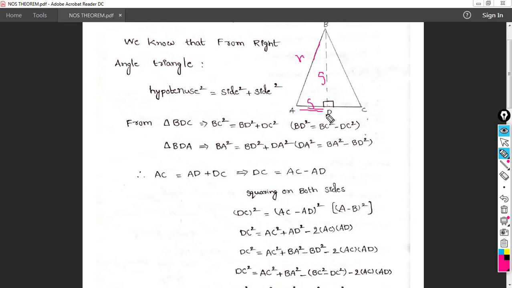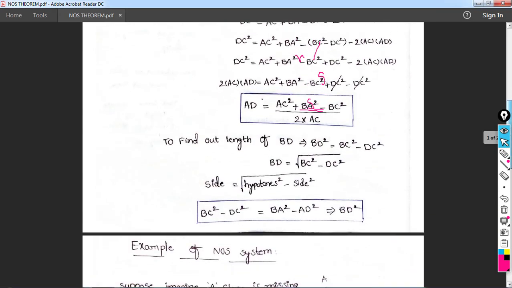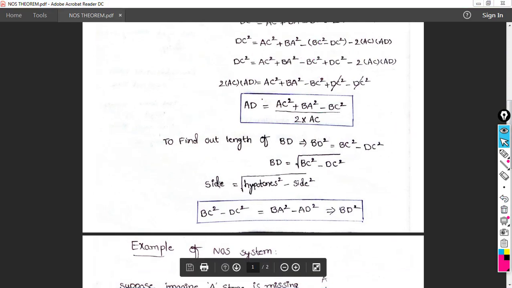We know the hypotenuse and one side, so we can find the other side. The formula for the other side is the root of hypotenuse square minus side square.